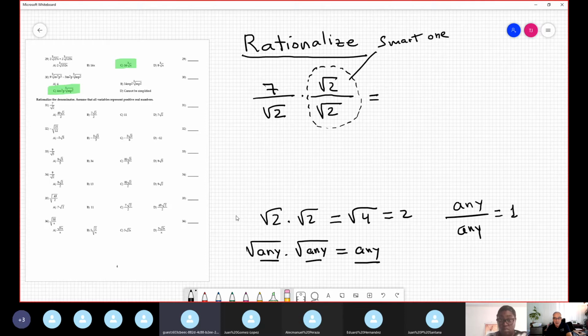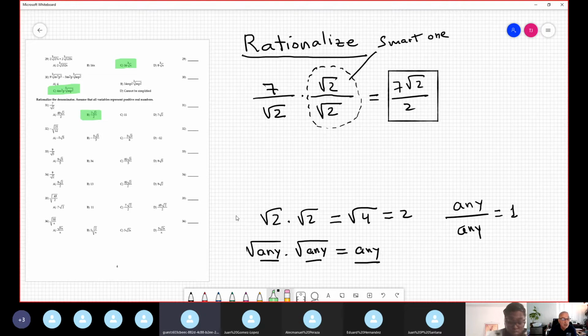So you multiply 7 times radical 2 is 7 radical 2, and radical 2 times radical 2 is 2. And this is the answer after the rationalization. I repeat again, rationalization means eliminate the radical in the denominator. It's like illegal: when you have a radical in the denominator, no good. It's B, the answer.